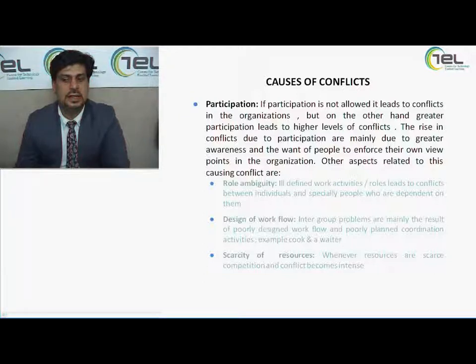Other aspects related to these causing conflicts we will see later, but before that, let us understand how participation affects the organizational structure.